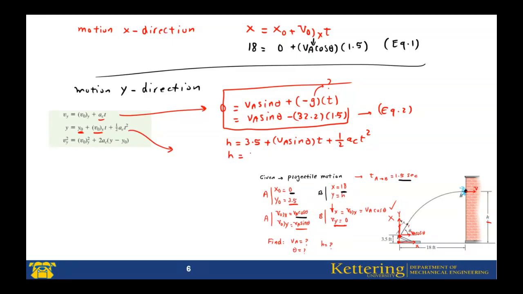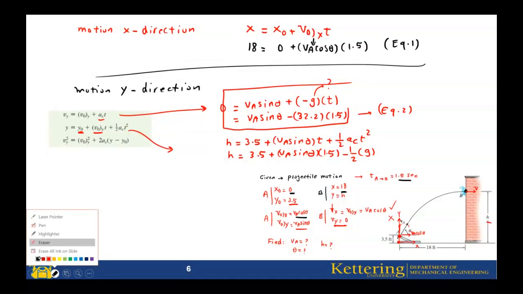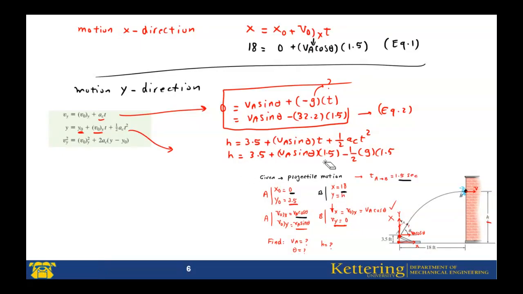I rewrite this again: h equals 3.5 plus Va sine theta multiplied by 1.5 minus 1/2 g, where t is 1.5, squared. This is equation number 3.